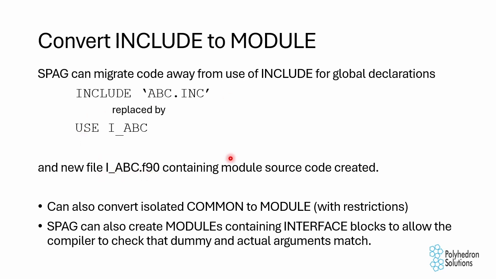So in effect, replacing the include file with a module. SPAG can also convert isolated common block declarations to modules, but there are some restrictions on that. Finally, SPAG can create modules with interface blocks to allow the compiler to check that dummy and actual arguments match.